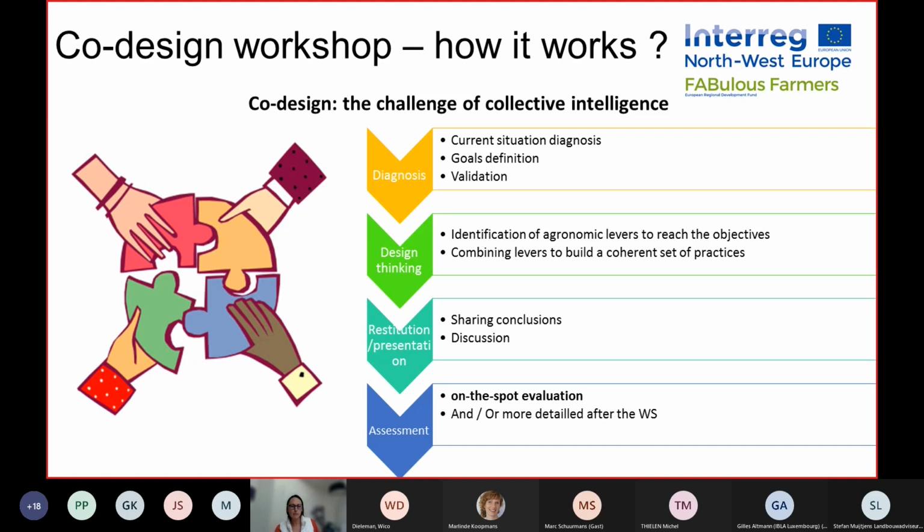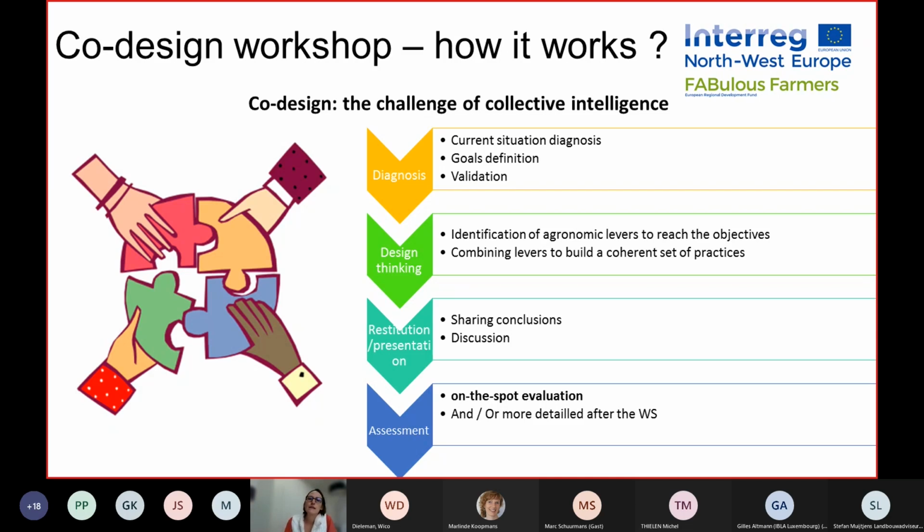There are different steps. First of all, the diagnosis, which is a very important step. Diagnosis of the strengths and weaknesses of the current situation, of the current rotation, and then the definition of goals for the new system, for the new rotation, with a collective validation.